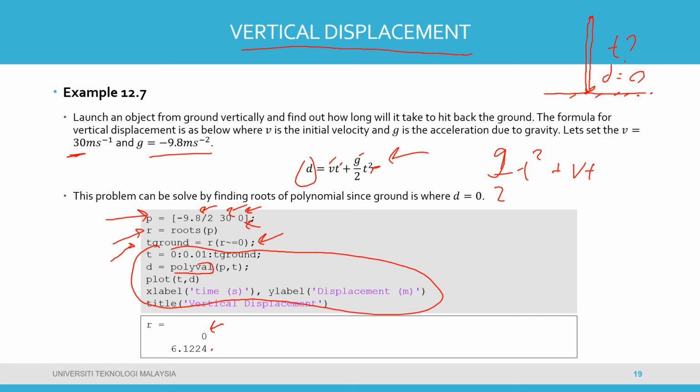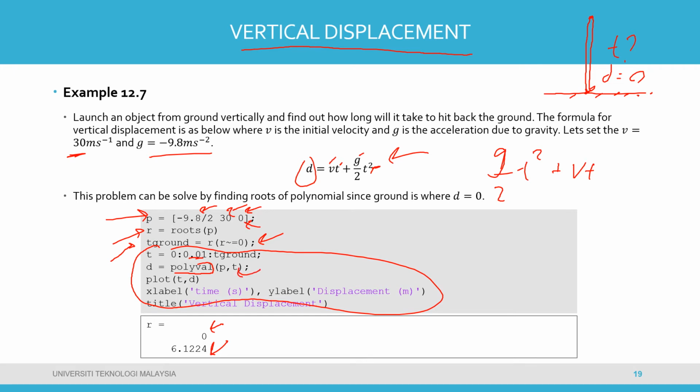So you have time from 0 to t ground, and the step is 0.01, and d is polyval p.